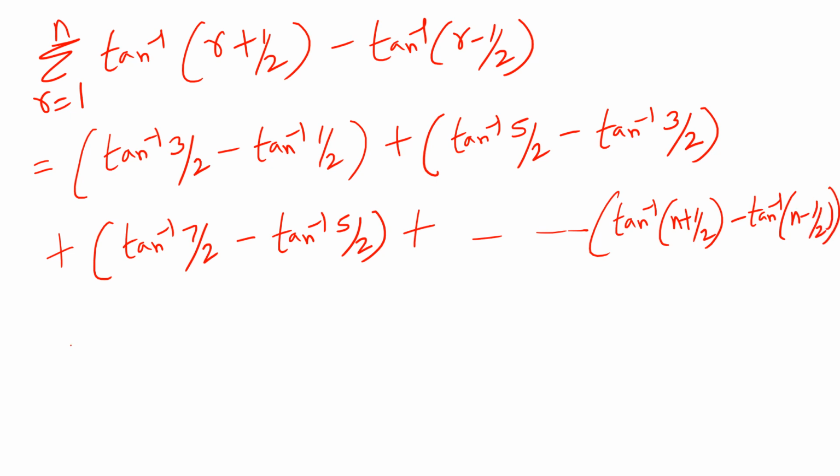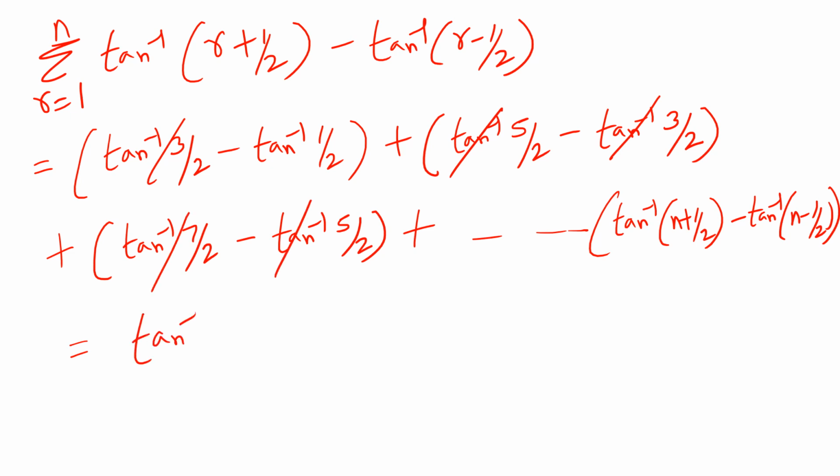Right? Now students, you can clearly see all the terms except minus tan inverse half and tan inverse n plus half will get cancelled, because tan inverse 3 by 2 and minus tan inverse 3 by 2 will cancel each other. Tan inverse 5 by 2 and minus tan inverse 5 by 2 will cancel each other, and so on.